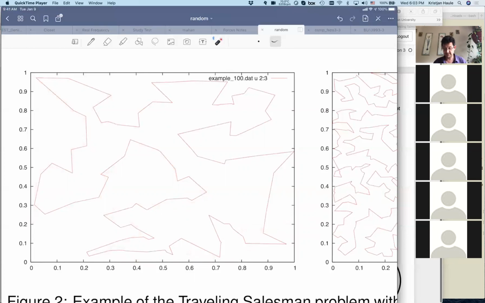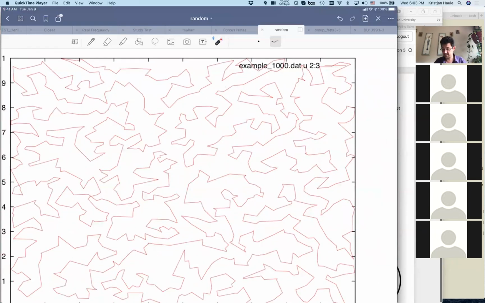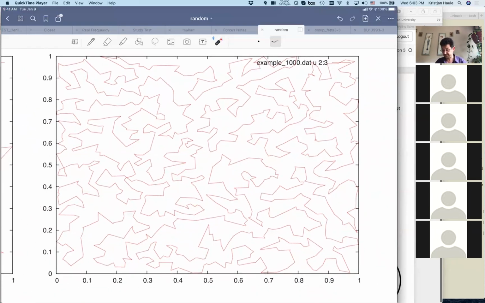Whenever you see a crossing like this, then you know that the path is not optimal. Here are the 100 cities. Here are 1,000 cities, and you see the solution never crosses itself, because a crossing means that you definitely can reduce the path further. So the computer code did pretty well.